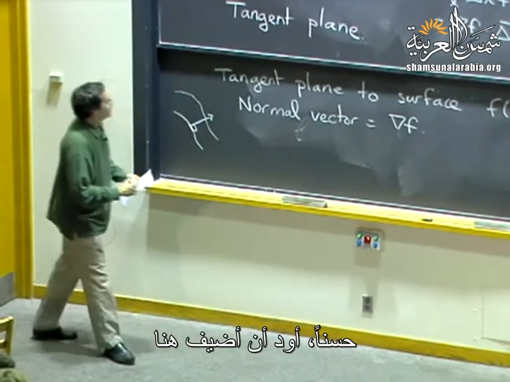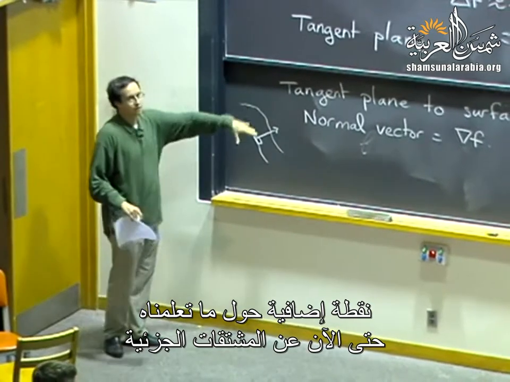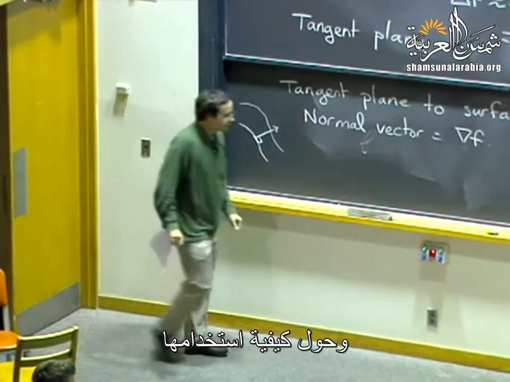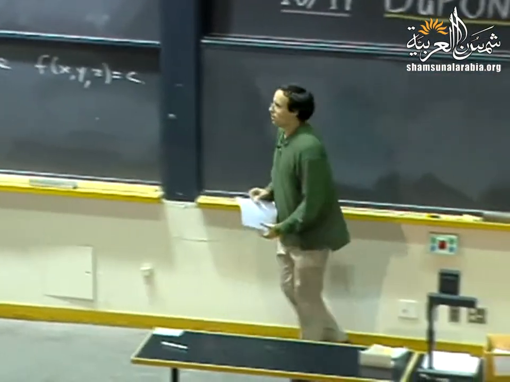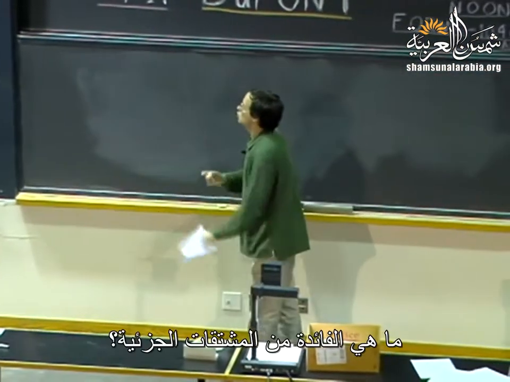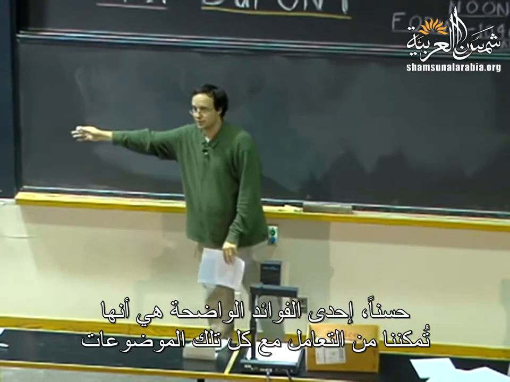Okay. Let me add a cultural note to what we've seen so far about partial derivatives and how to use them, which is maybe something I should have mentioned a couple of weeks ago. Why do we like partial derivatives? One obvious reason is we can do all these things.